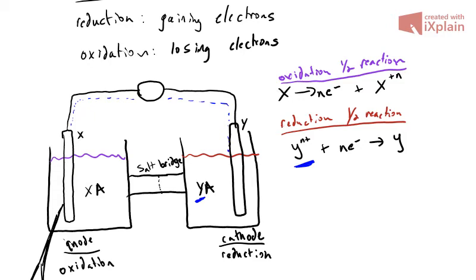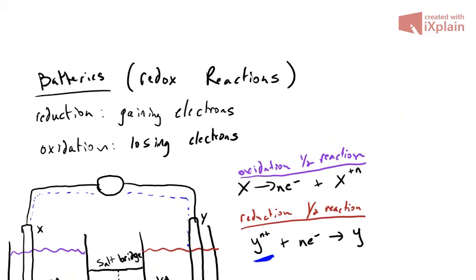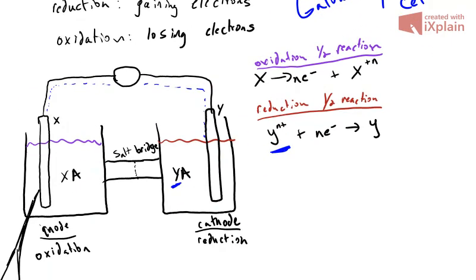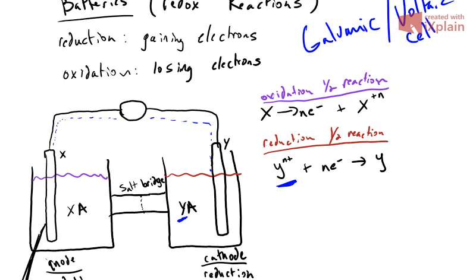This is a galvanic cell or voltaic cell. I'll write that out. Galvanic/voltaic cell. The important things to remember is that this reaction is reduction and oxidation through half reactions.